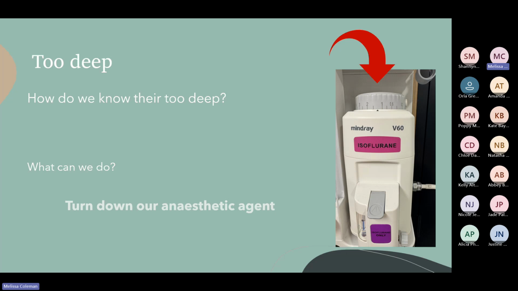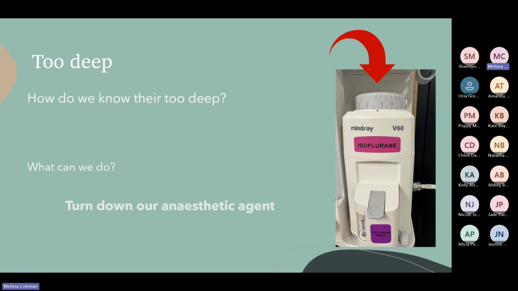For a cat that is 1.6, and for a dog that is 1.3. They're good numbers to have in the back of your head, so that if you're on 2, or on 1.5 for a dog, you might be able to go down a little bit.